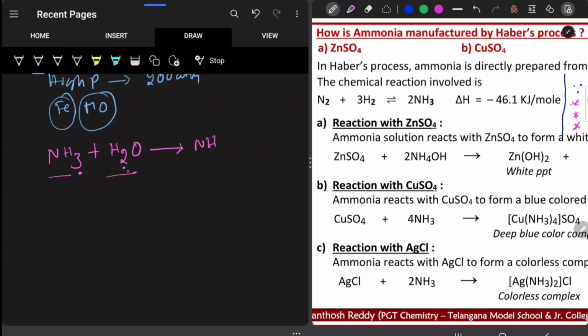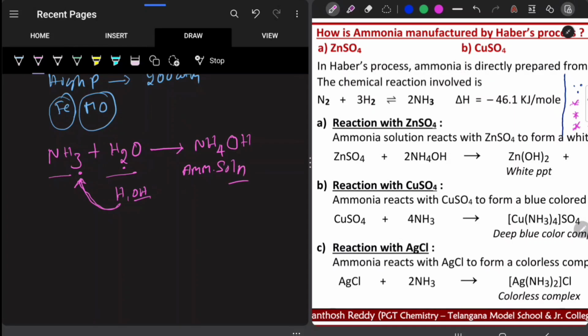You can remember water as H and OH. So you take one hydrogen from water and add it to NH3, then it becomes NH4, and what is left here? OH is left. So NH4OH. This is nothing but ammonia solution. Ammonia solution can also be written as NH4OH.